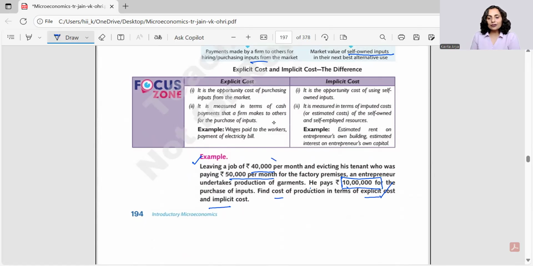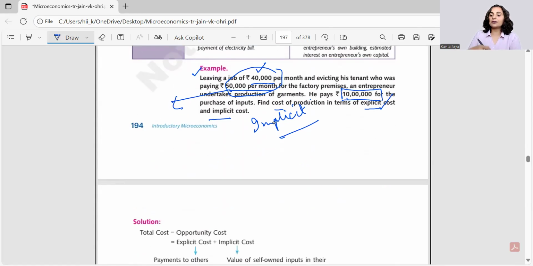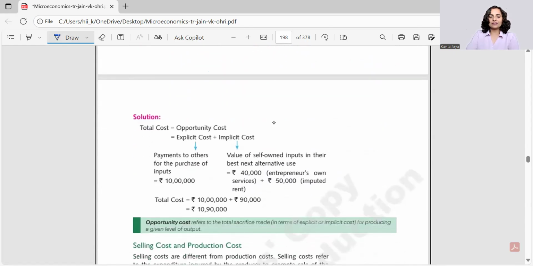But this 50,000 is not explicitly going as a payment, but he is letting it go. He is foregoing it. He is sacrificing this amount for the production he is making in his premises, right? So this, as well as what he is now not able to get because he has left his job, these two components, 40,000 and 50,000, together make implicit cost, and this 10 lakhs which he is to pay explicitly outside in the market is a component of explicit cost.